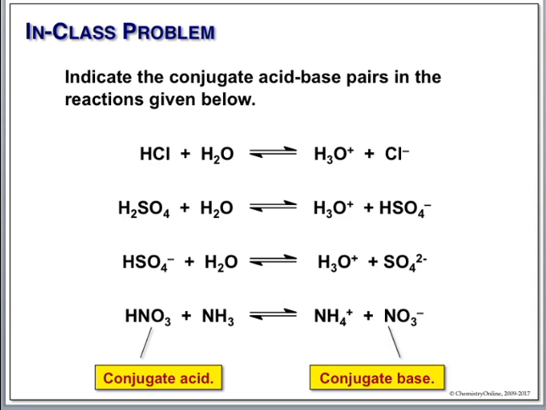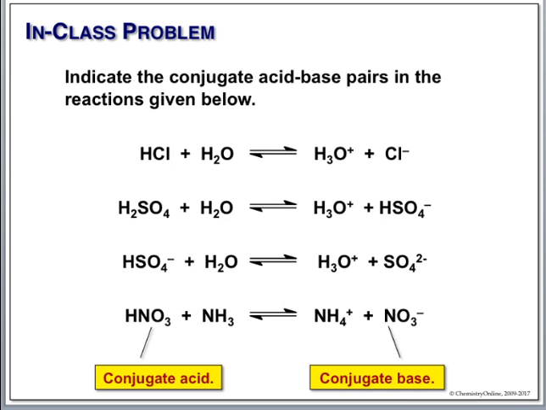Now, because we're not dealing with water, I think it's interesting to talk about the reverse reaction. So this goes backwards this way, right? In the reverse direction, who is the acid? Well, ammonium is going to donate the proton to nitrate, going this way.